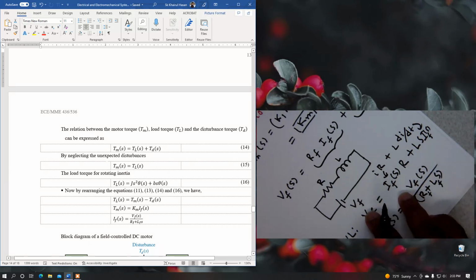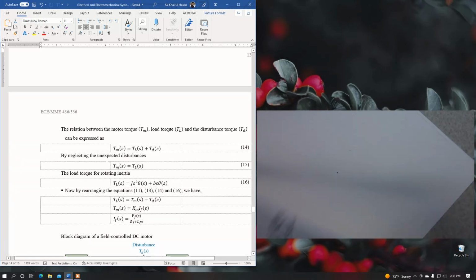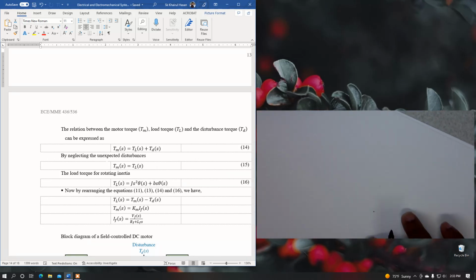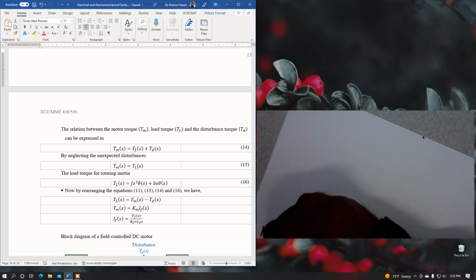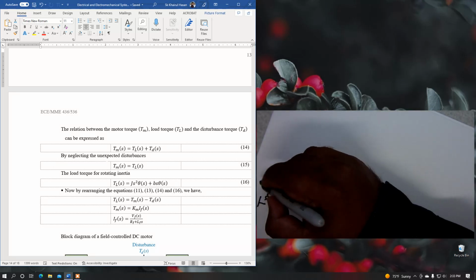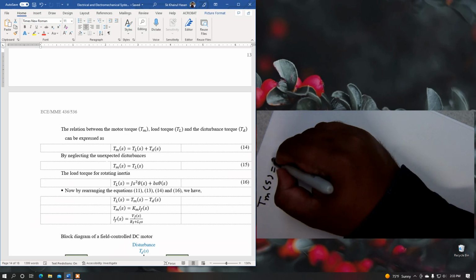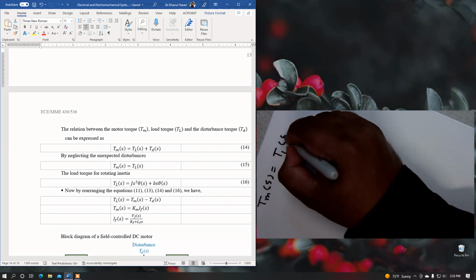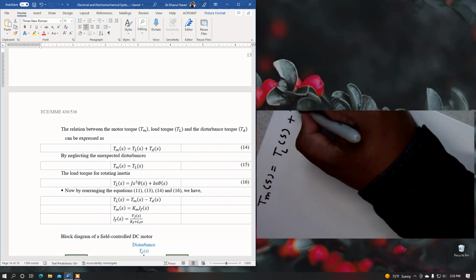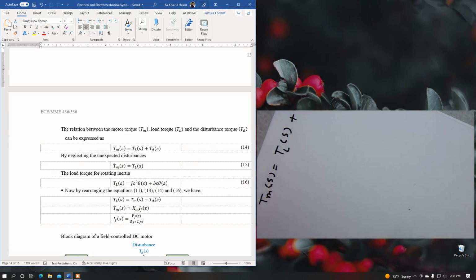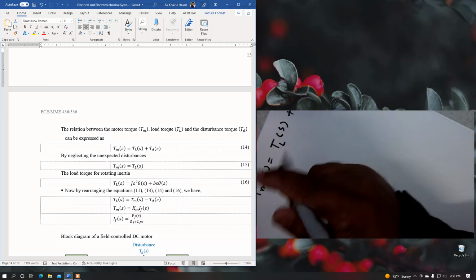And now let's discuss the mechanical side. At an instant the motor torque tau m is equal to the load torque TL(s) plus the disturbance torque TD(s).